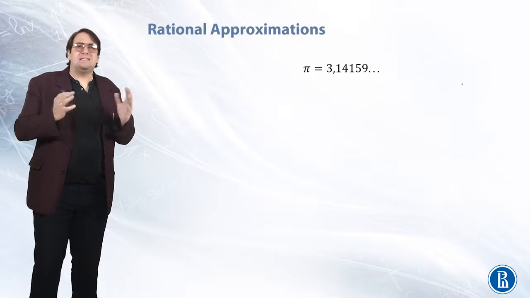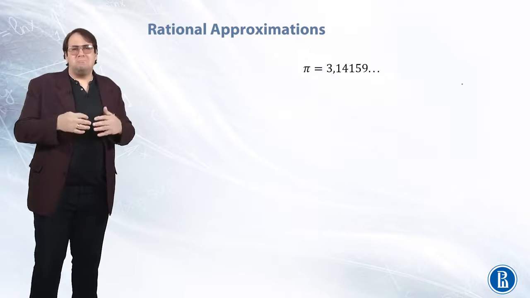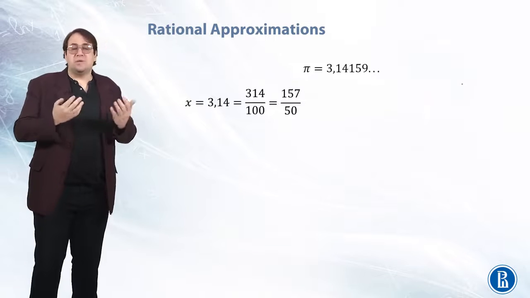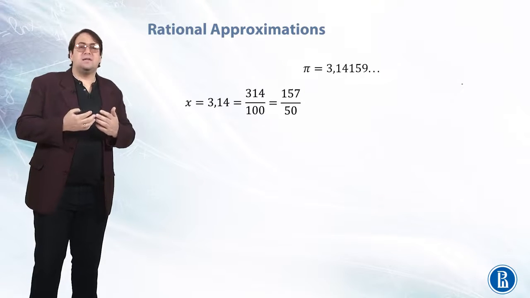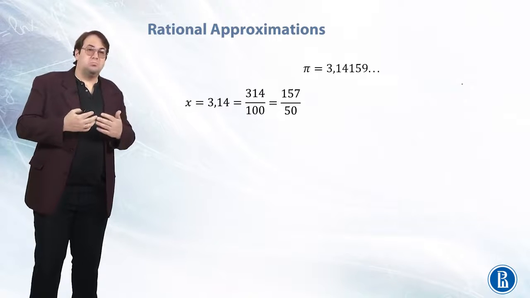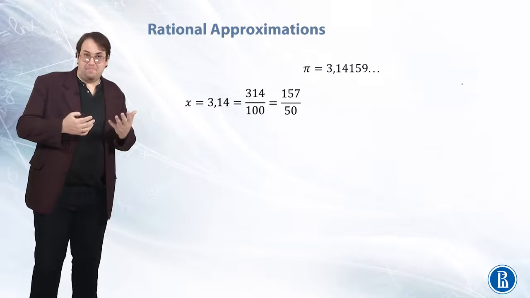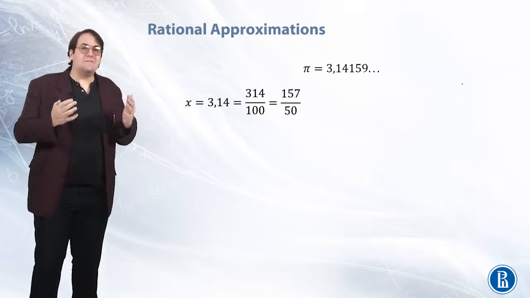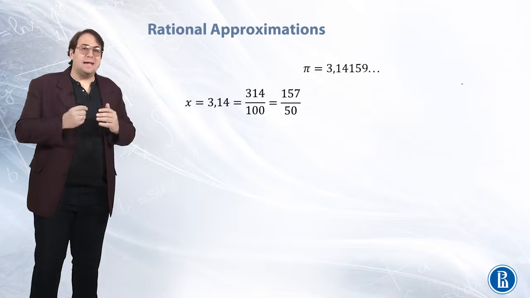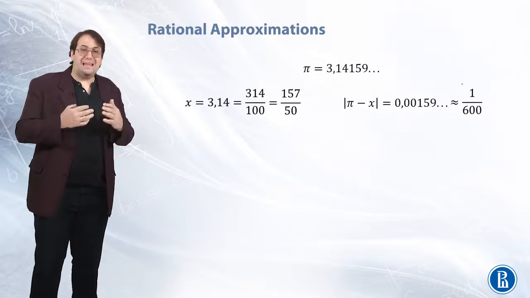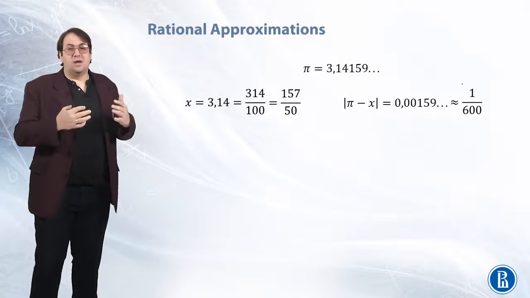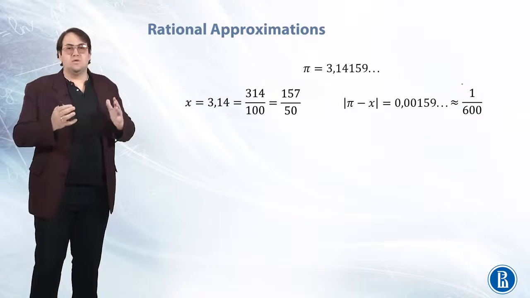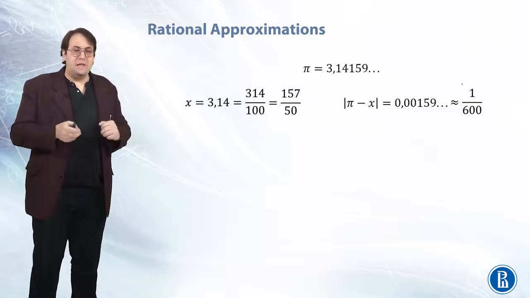One of the simplest approximations can be obtained by just taking 3.14, which is a rational number, of course, and it can be simplified to the fraction 157 over 50. Let's denote this approximation by x and find the distance between pi and x. It is equal to 0.00159 and so on, which is approximately 1 over 600, just approximately.